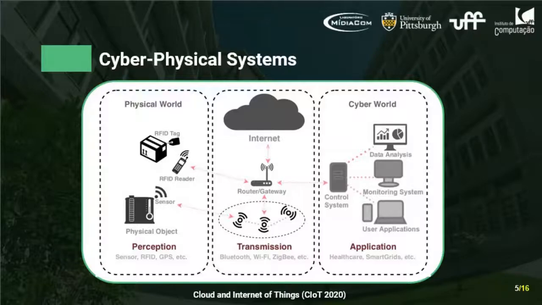And between physical and cyber we have a transmission technology like Bluetooth, Wi-Fi, Zigbee, or any other that connects the data that is collected at the physical world and sends it to the cyber world.